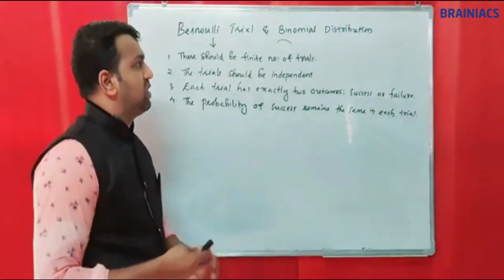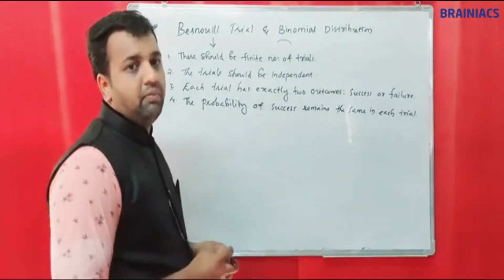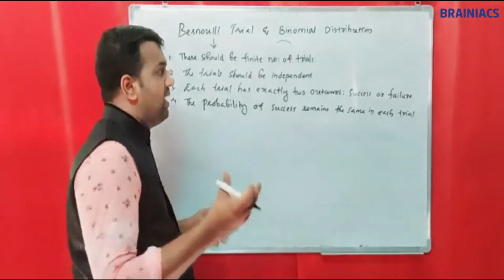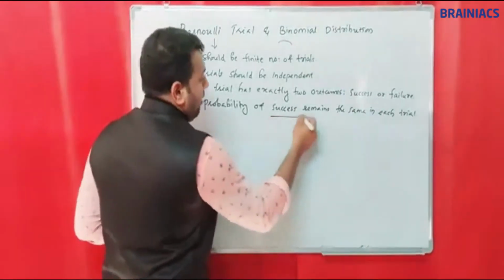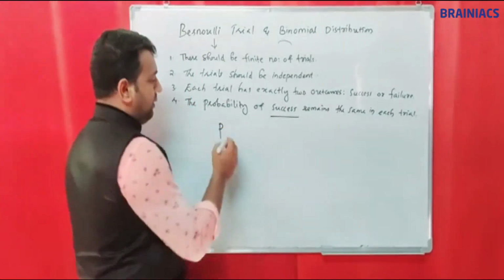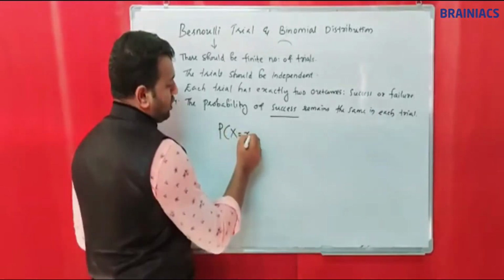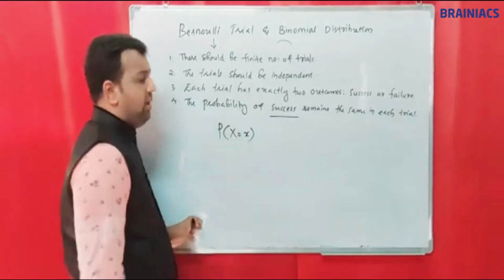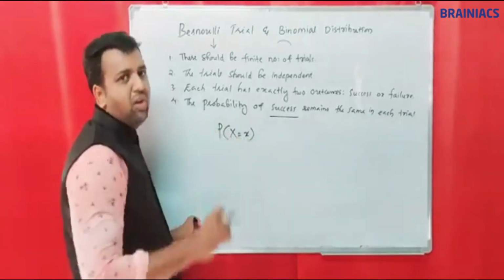For a binomial distribution, the probability value can be found from the equation P of X equal to small x. This capital X indicates the random variable and this small x indicates a value of the random variable.